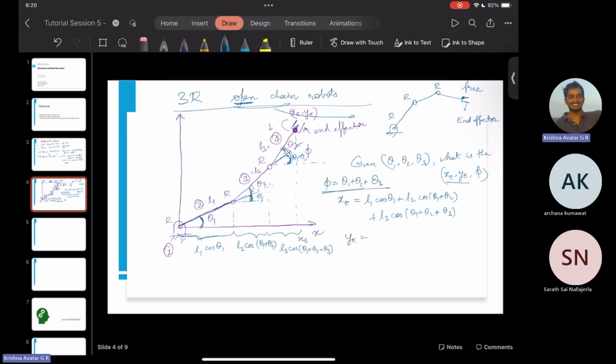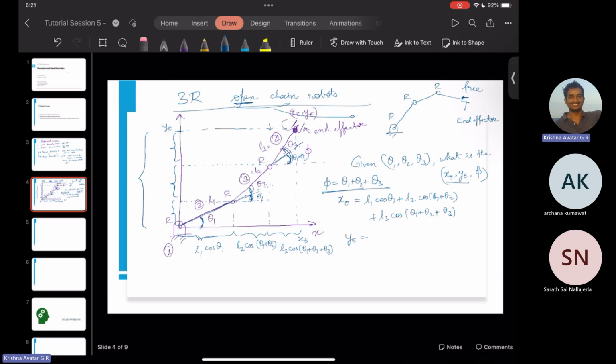So now, this will be our YE. Again, the YE is composed of the projections of three links. This will be the projection because of link 2, this is the projection due to link 3, and this is due to link 4.